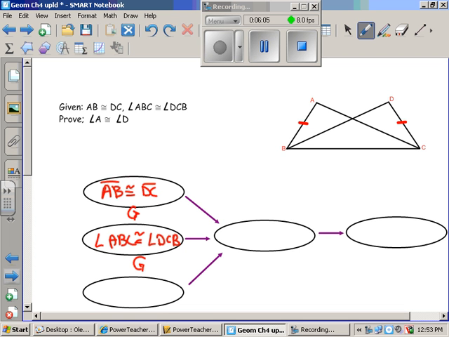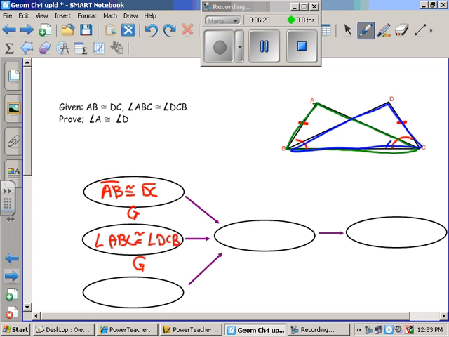You're right. So we've got A is congruent to C. We've got side AB is congruent to side DC. So think about the triangles. This angle joins these two sides, so the triangle must be here. And this angle joins those two sides, so that triangle is there.